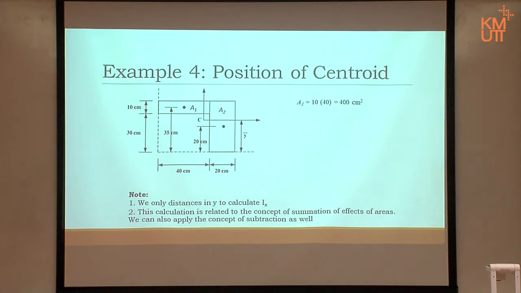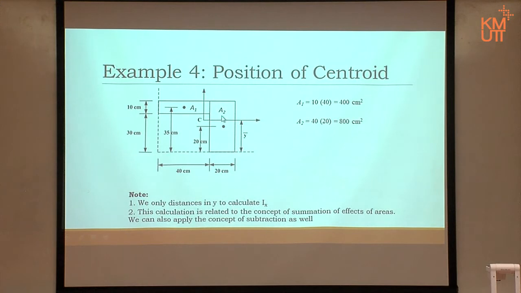Area 1, simply calculate, just a rectangle. The height times the base, right? 10 times 40. Area 2, a rectangle, just calculate it. We know the position of the centroid. A1 sits here, right, on the top. The centroid is here, half width. I will measure everything from the bottom here. Therefore, in this case, y bar 1 will be 35 centimeters.